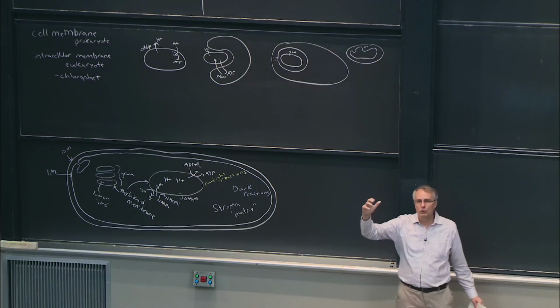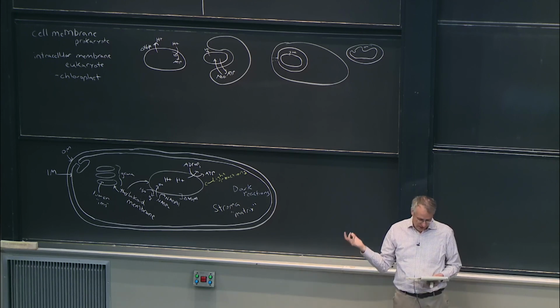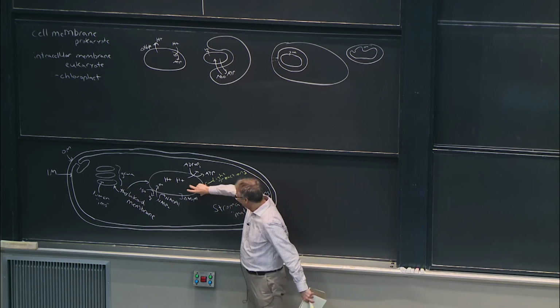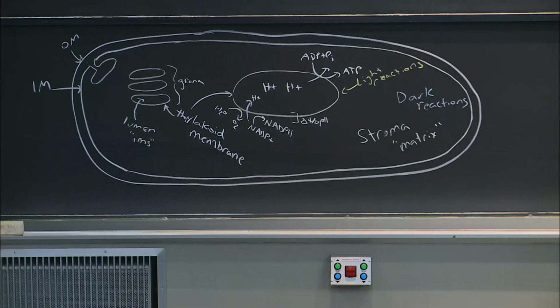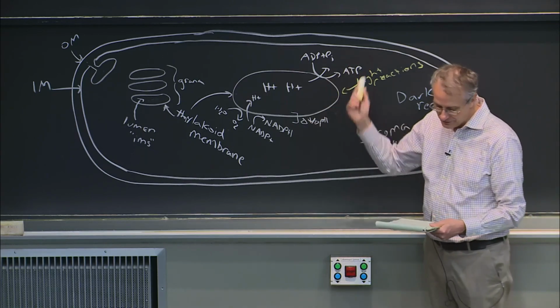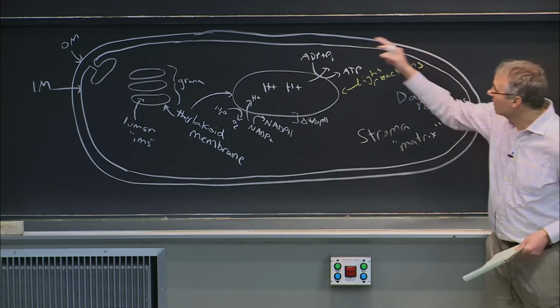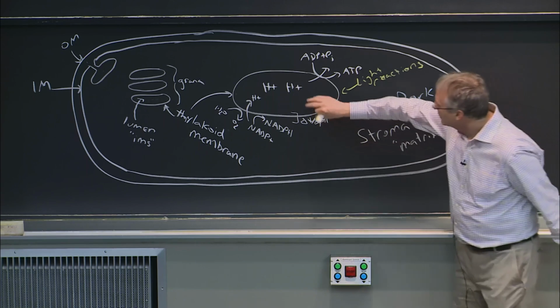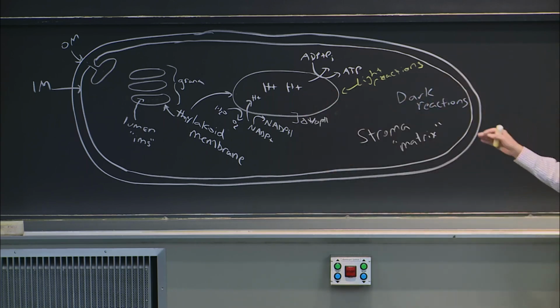That means that fewer protons pumped will allow you to generate a higher gradient of protons, delta pH. And so that can be used to drive energy in a more efficient way than you might get using this much larger intermembrane space. Okay? And so light reactions here at the thylakoid membrane within the chloroplast, dark reactions here in the stroma of the chloroplast. All right. So that's the anatomy.